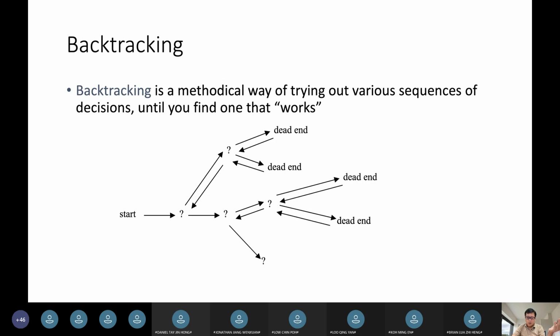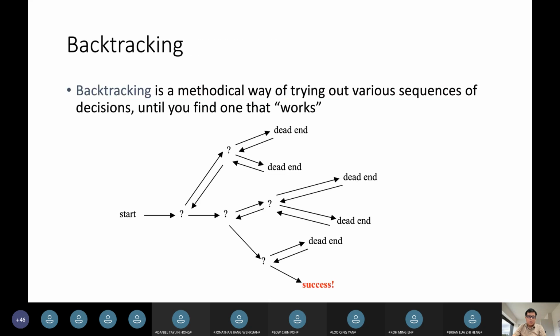Then after finding the solution, you have two ways. Either you can stop or you can continue to search for more solutions, okay? So they call it backtracking. Backtracking is just try and backtrack, okay? Try, if not successful, then backtrack until we succeed, okay?